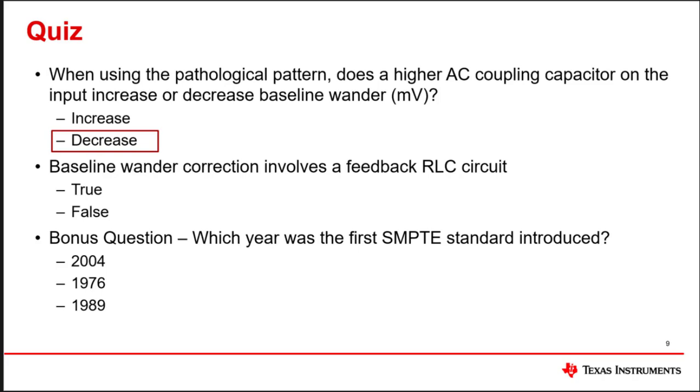Next question is, does baseline wander correction involve a feedback RLC circuit? True or false? The answer is false. For a bonus question, what year was the first SMPTE standard introduced? 2004, 1976, or 1989? The answer is 1989.